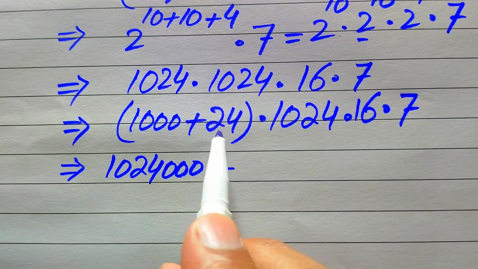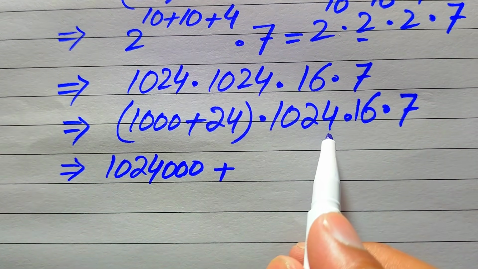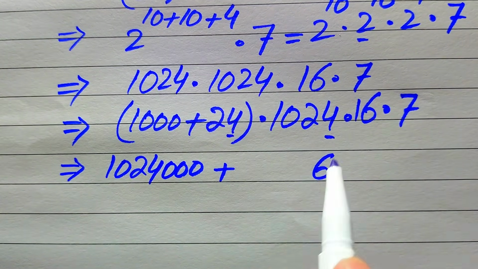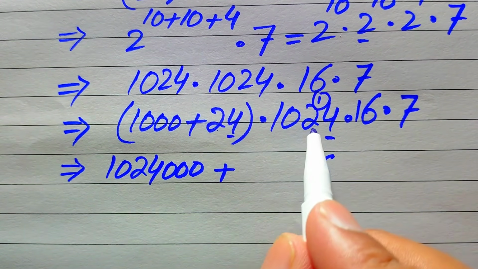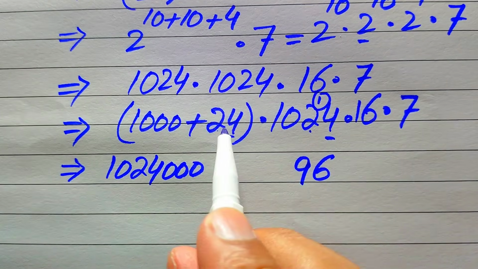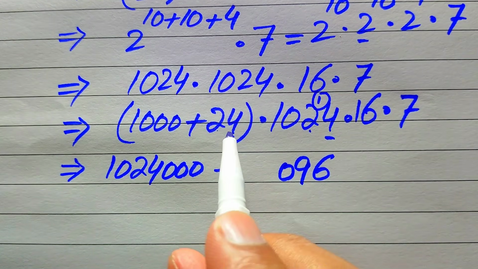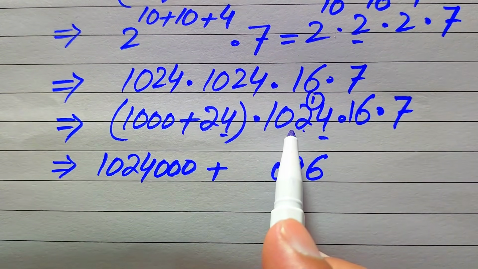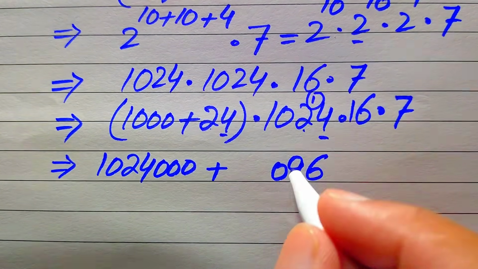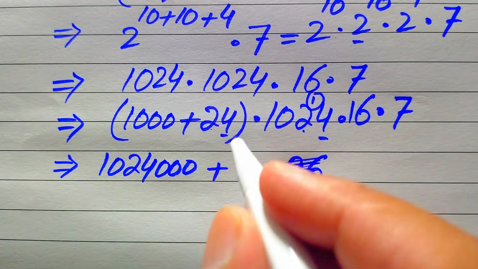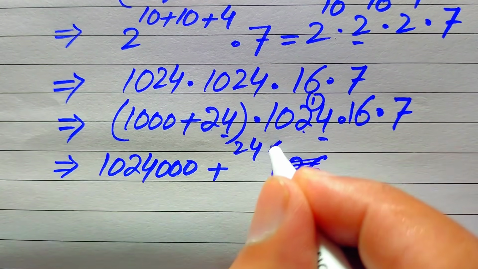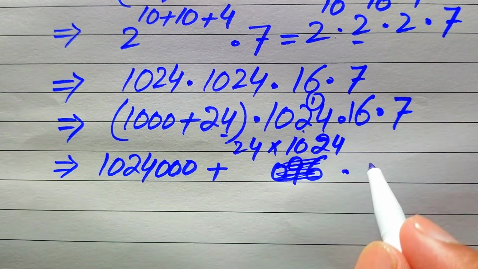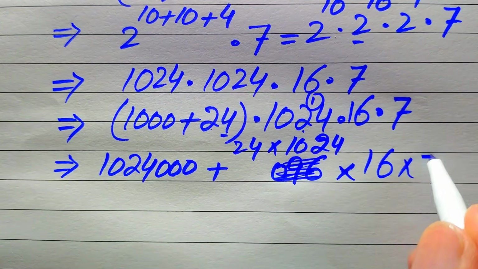Plus we multiply this number with 24: 4 times 4 becomes 16, we write 6 and carry 1. 4 twos are 8, 8 plus 1 becomes 9, 4 zeros are 0, and 4 ones are 4. So first we multiply 24 with 1024 and write it here. This becomes 24 times 1024, multiplied by 16 times 7.